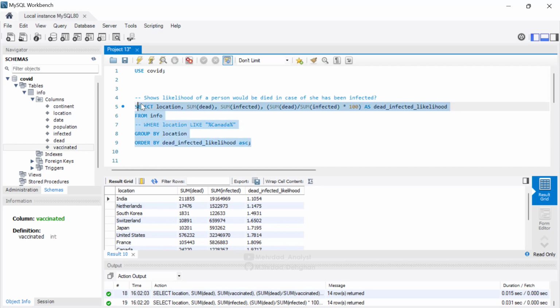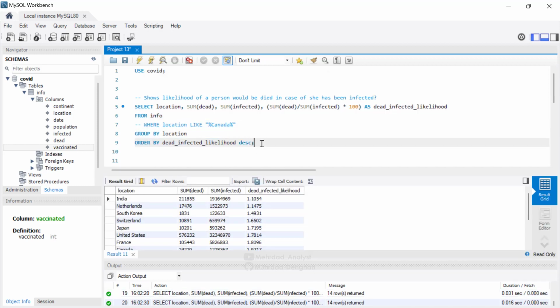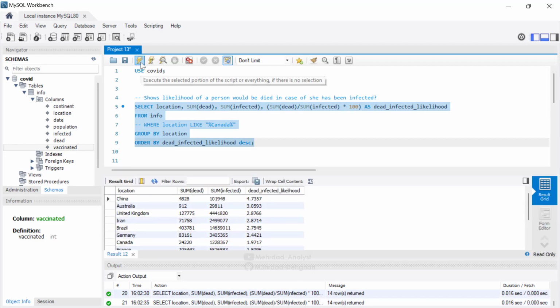If you remember, China was the worst one. Maybe it was the least one. Yeah, you can see in China, the greatest number was for China, about the people who were infected that died.